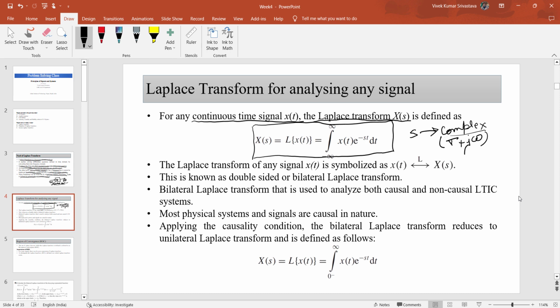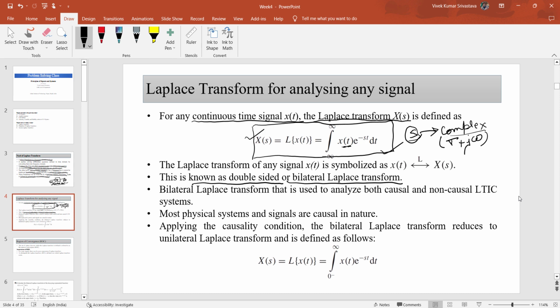By using this equation we can easily transform a time domain signal into a frequency domain signal. Here s represents the complex frequency parameter. As we can see, the limits go from minus infinity to infinity, so this is also known as the double-sided or bilateral Laplace transform.